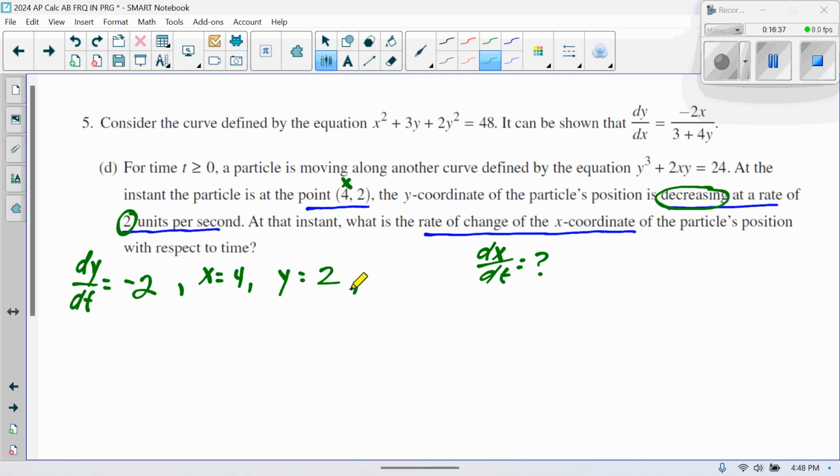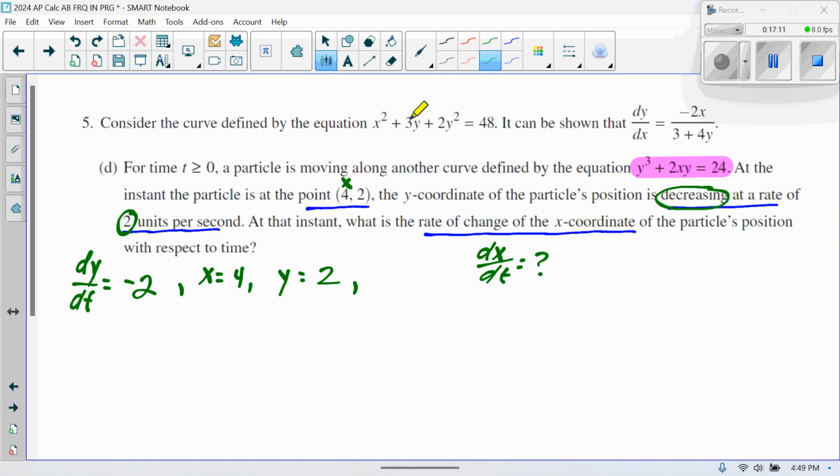In the review video I did, I mentioned related rates and briefly described how they would work. We did not have a problem in the review video to do like that, but I love these types of problems. So what I've got to do now is take this equation and take the derivative of it, but I'm not just doing it implicitly where I put dy/dx next to my y.